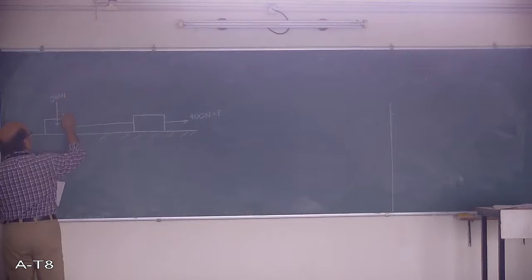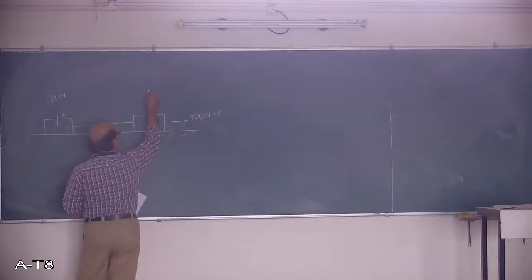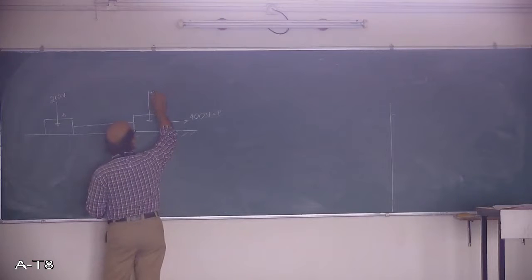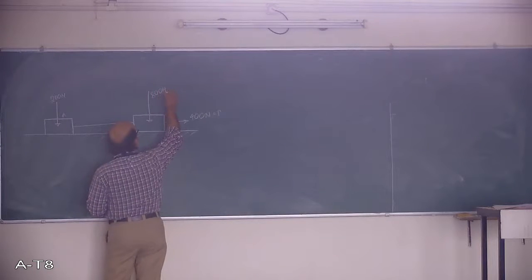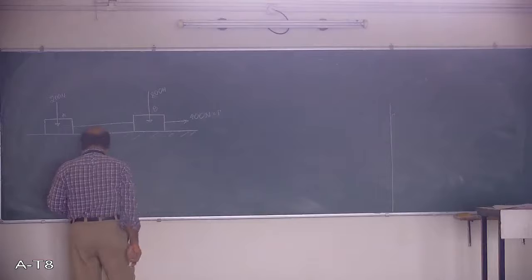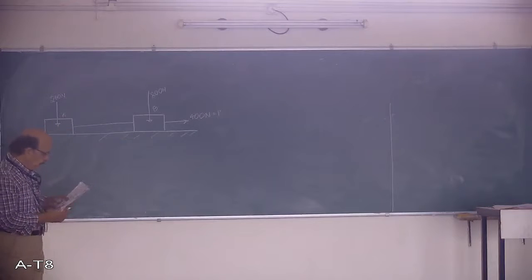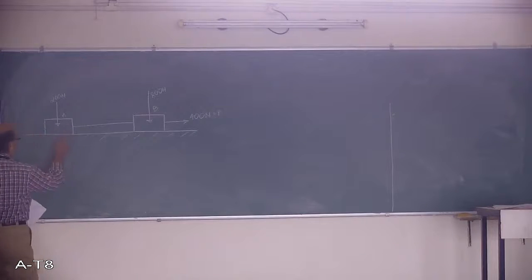I call it block A, and this block is 800 Newton. I call this block B. The coefficient of friction between these two is mu equal to 0.3. That is what they have mentioned.